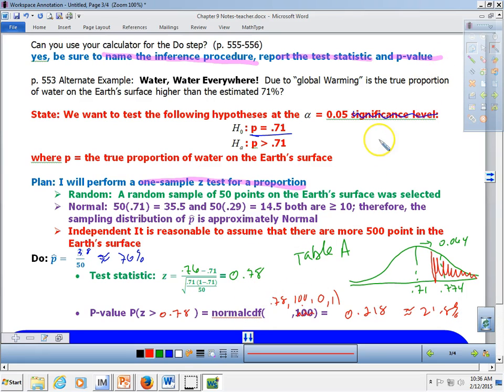Okay? Which means that assuming that 71% of the Earth's surface is water, there's about a 21.8% chance that a sample of 50 points would result in 76% of those samples containing water.